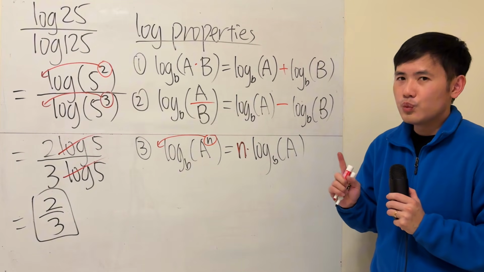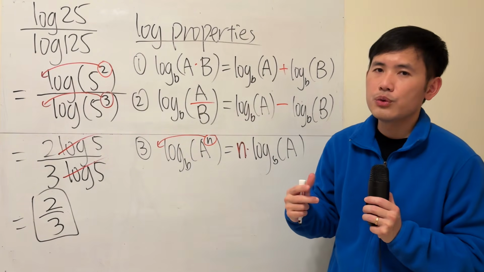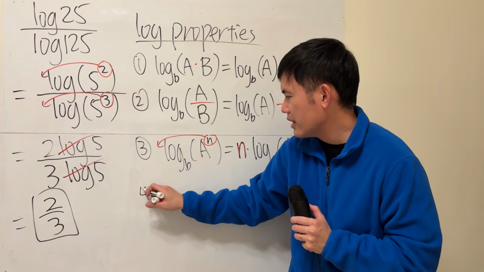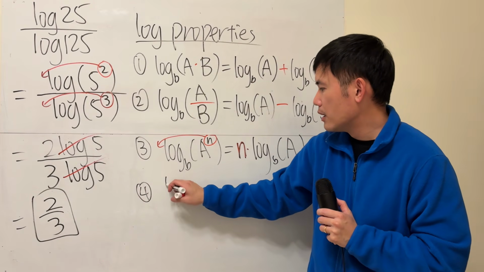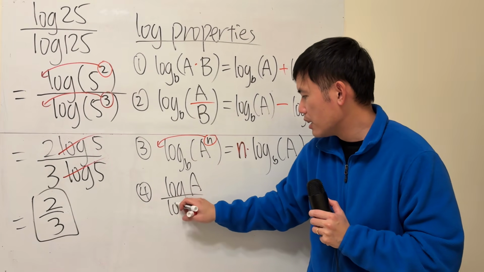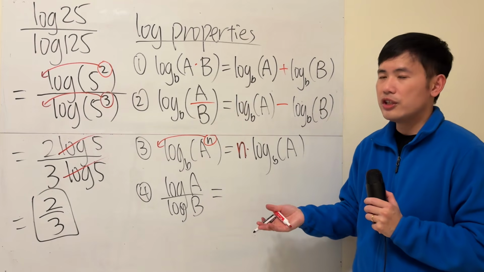Now, I do want to mention one thing though. If you have two logs dividing, in fact, you can have what we call the change of base formula, and that's technically number 4. If you have log A over log capital B, this right here is technically the change of base formula.